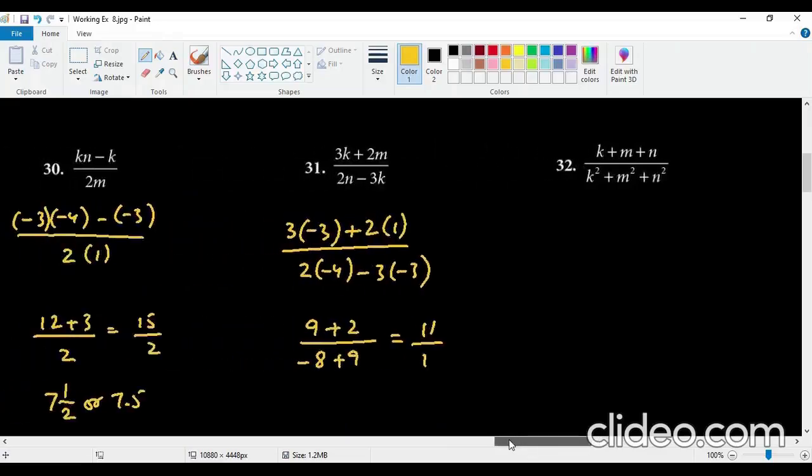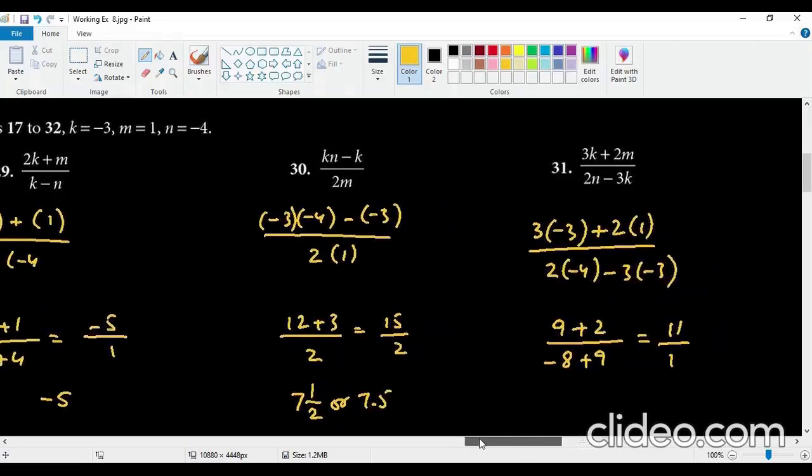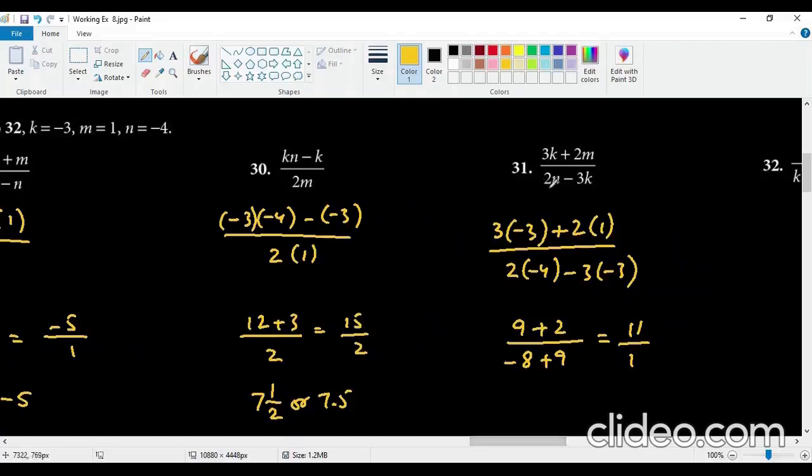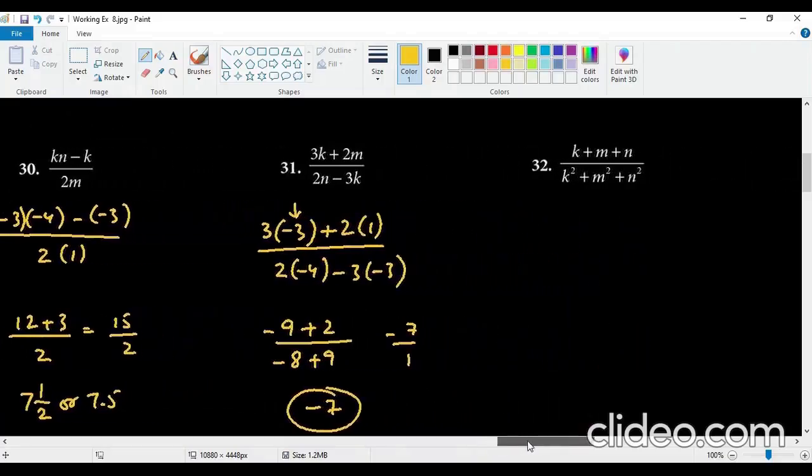Minus k is minus 3. Yes, k is minus 3. This gives us minus 9 here. So this gives us minus 7 over 1. And let's see where the mistake is for 31. No mistake found, and minus 7 is your final answer.